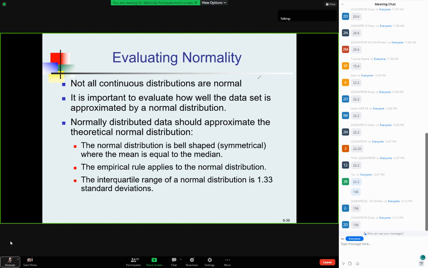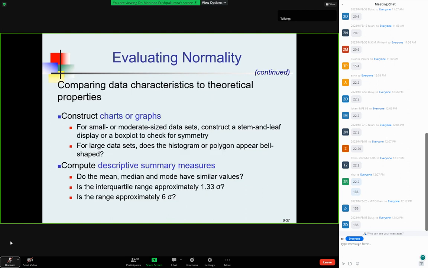Okay, then we will move to another method. We can identify these three conditions with charts or graphs.